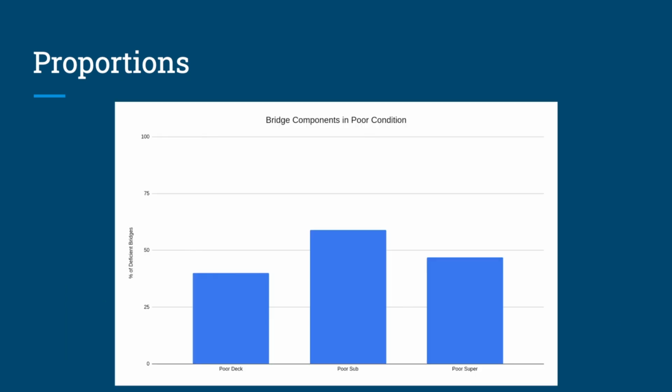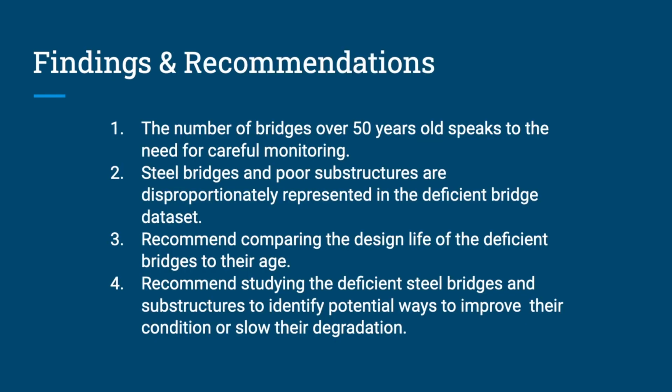And then lastly, we're looking at how often each of the three structural systems is in poor condition. And you can see here that the substructure is over 50%. It's the highest of the three within the deficient bridges. So that's another pointer towards substructures being a potential issue with regards to longevity.